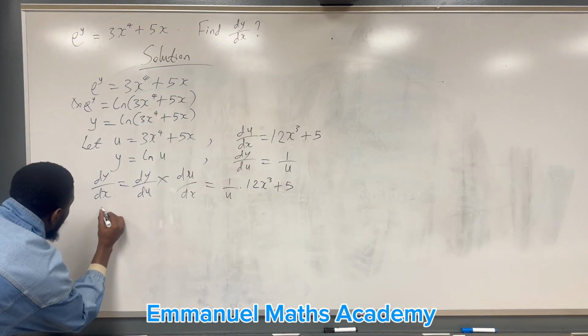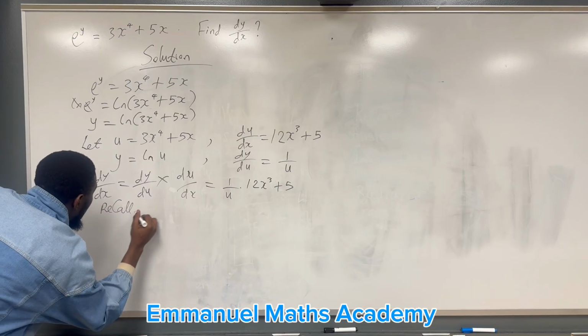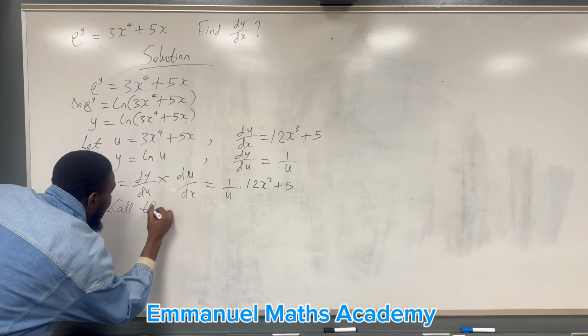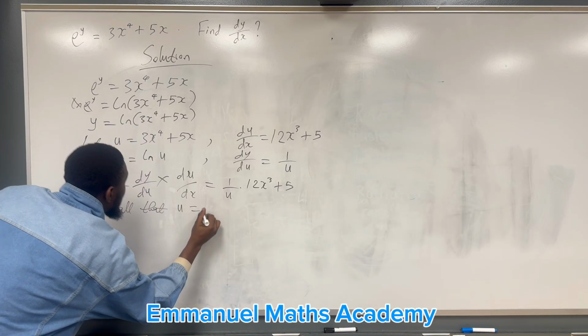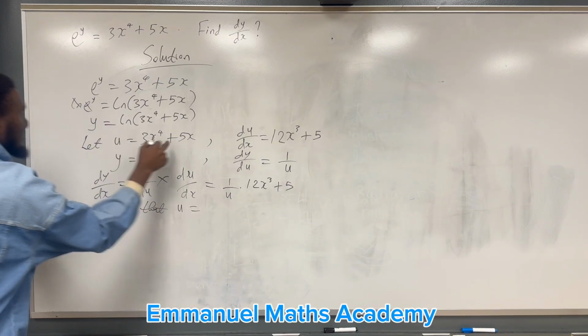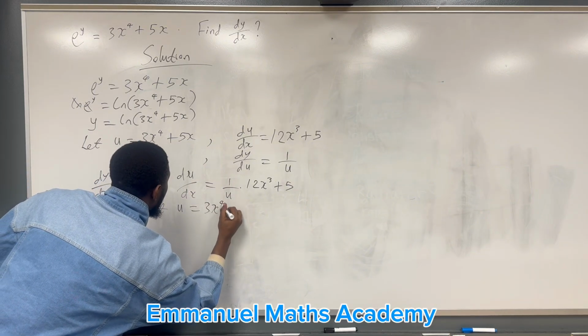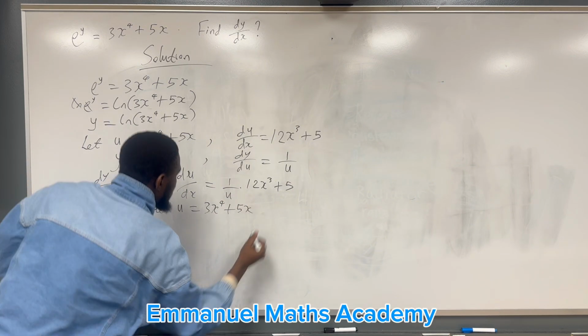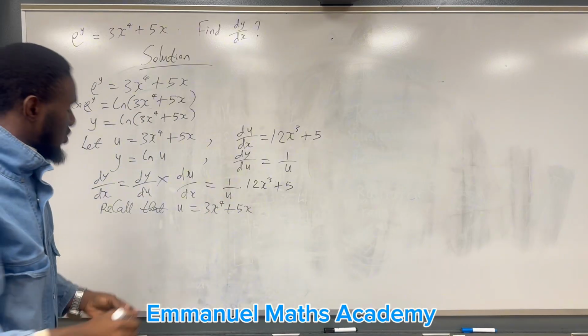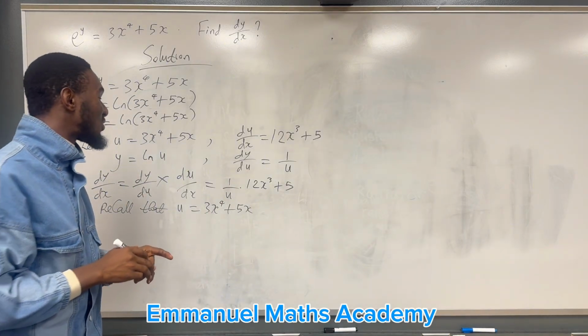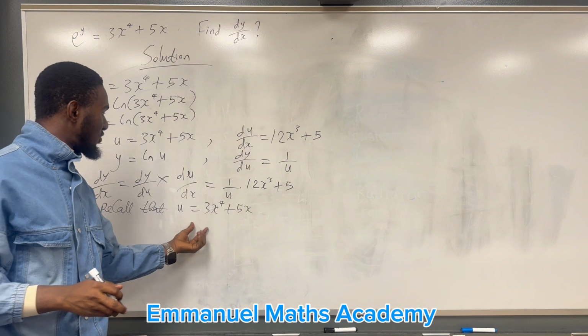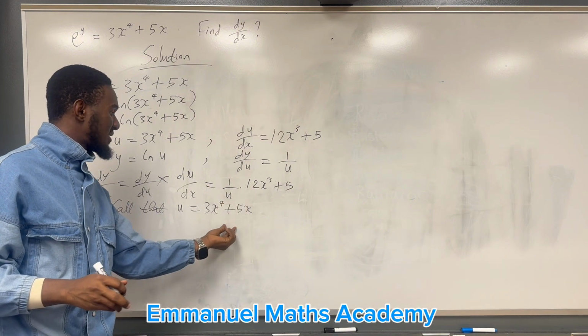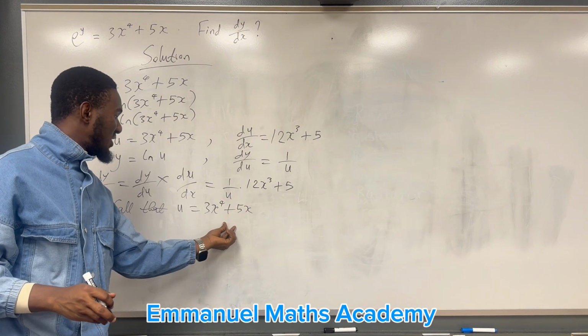Well, recall that u is what? u is this thing here. You now substitute this back into this because we want our answer in terms of x and not u. We substitute the value of u back as this variable here.